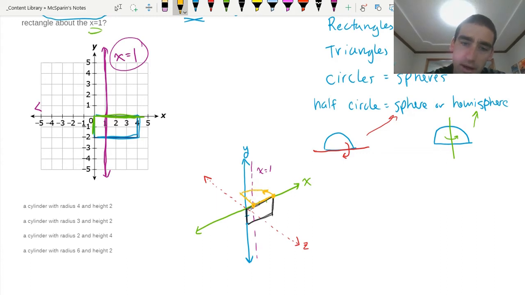Okay, so I'll go there. And then it's going to go 1, 2, 3 units that way. So it's going to go there. Then it'll come all the way around until it goes 1, 2, 3 units that way. So it's going to go there and then all the way back around. Okay. So the top edge of my circle has gone around like that.